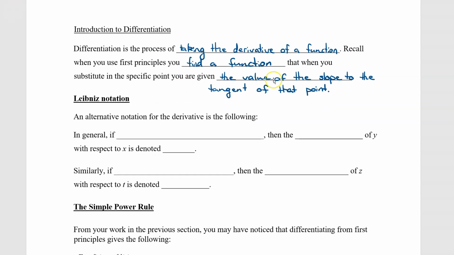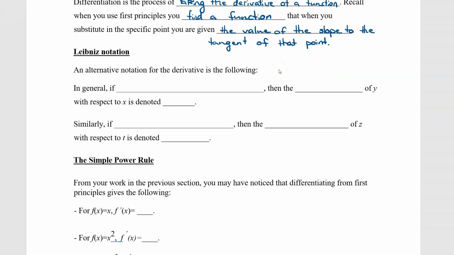Going down. An alternative notation for the derivative is the following. In general, if y is a function of x, then the derivative of y with respect to x is denoted as dy over dx.